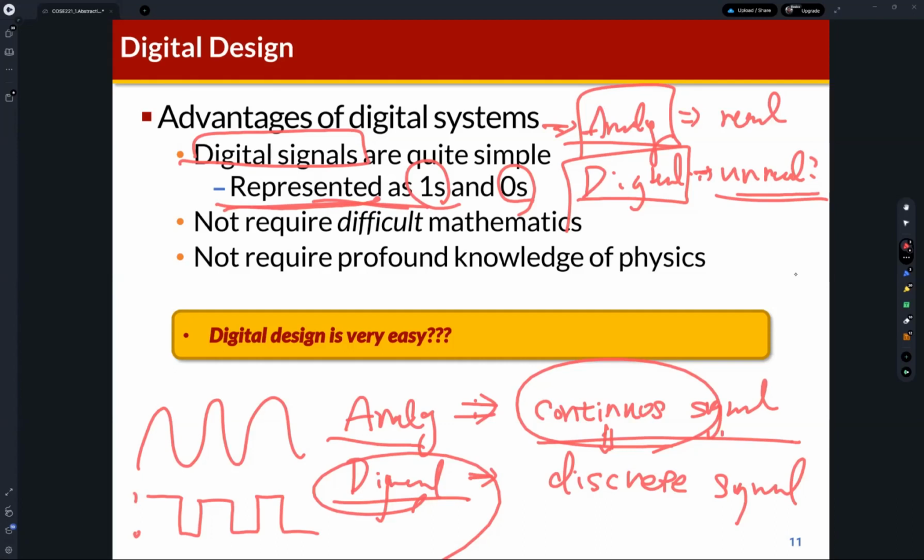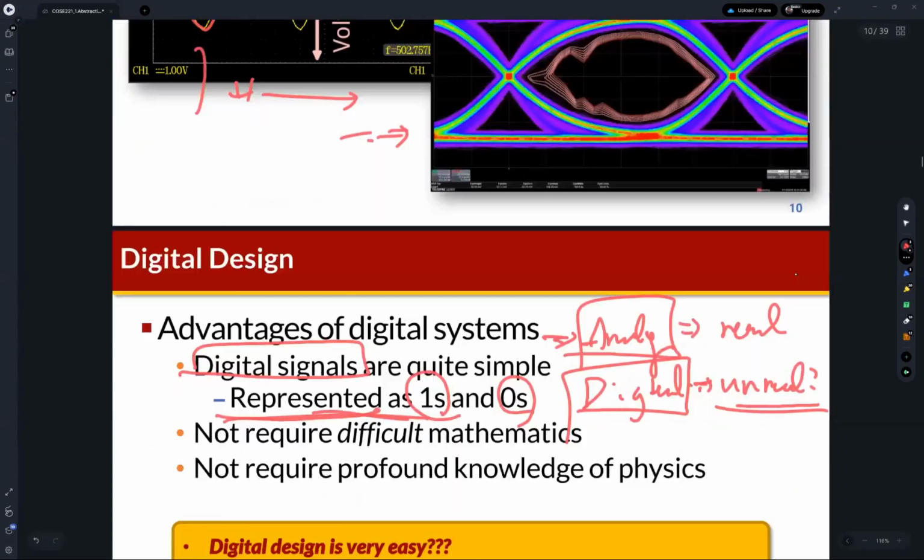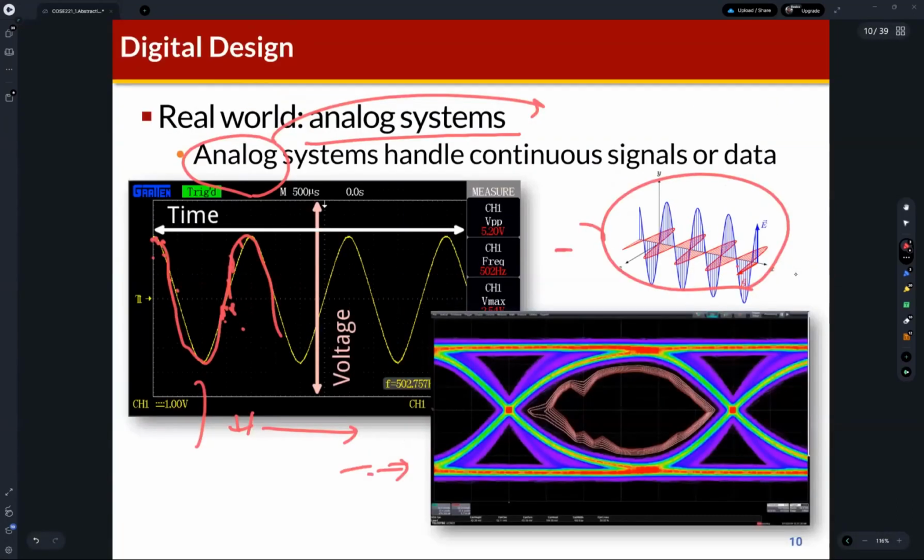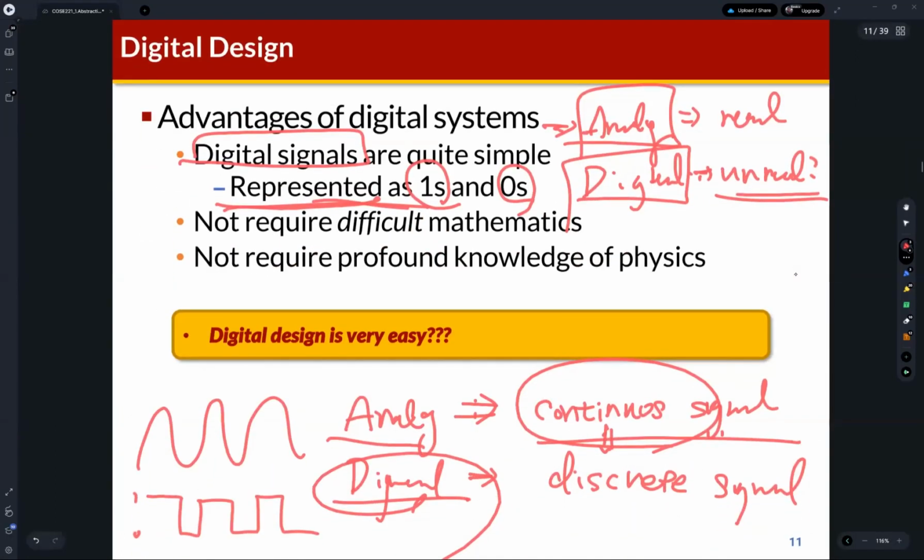Then, so we know our real signal is an analog signal, but in order to handle these real analog signals, we use digital systems, which means our analog signals in the real world should be converted into digital signals if we want to use them with our digital devices.